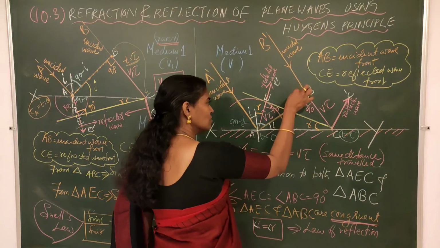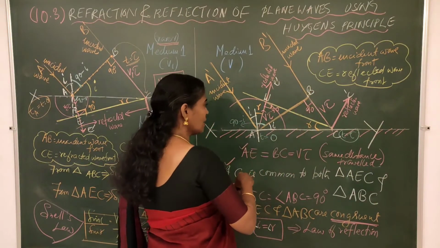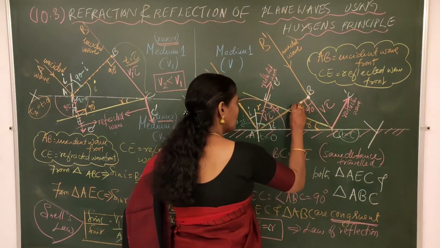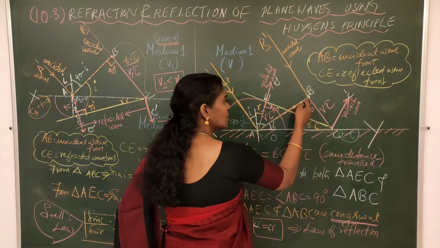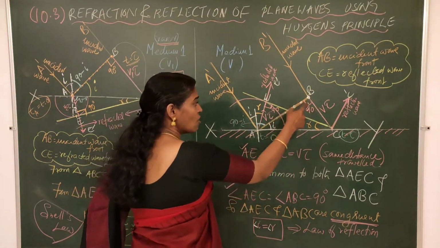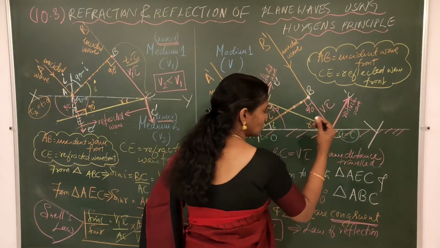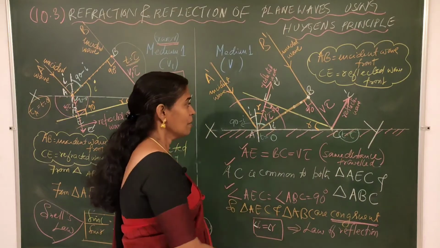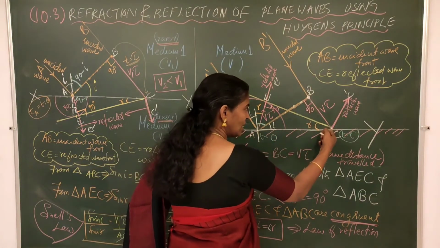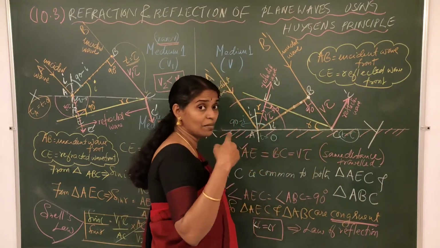So the wave at the point B reaches, or you can say here, the source. All these points I told you are sources. This source makes wavefronts of V tau radius before it reaches the point C. By the time the wave from B reaches C, it covers a distance V tau in a time tau.